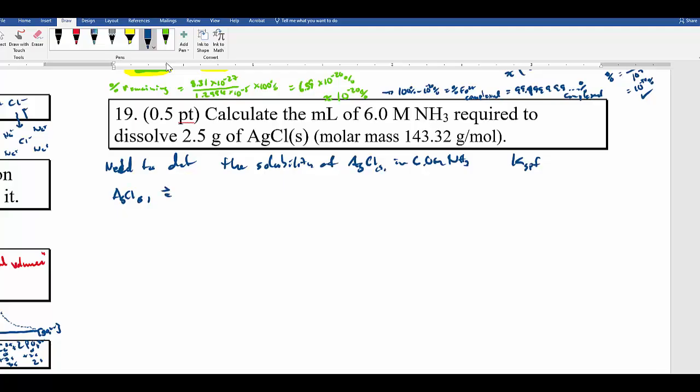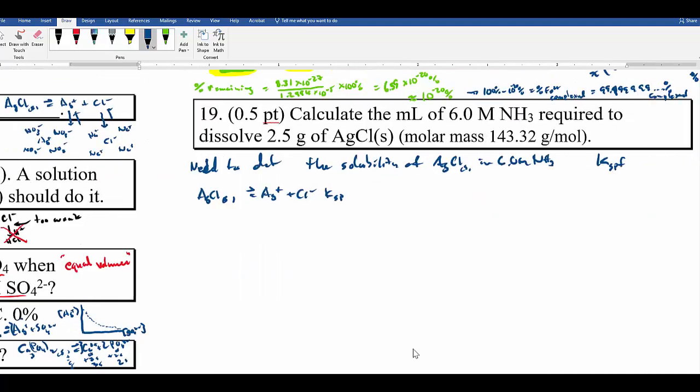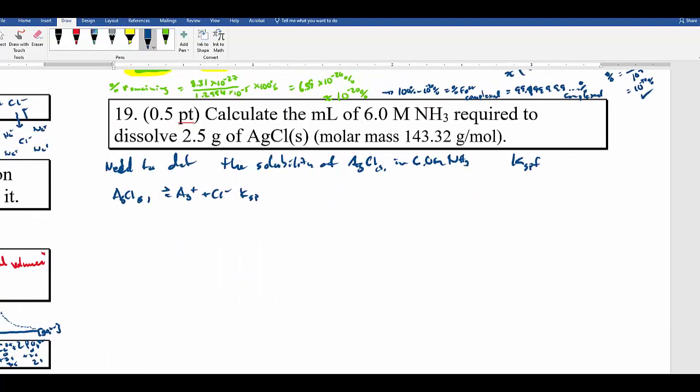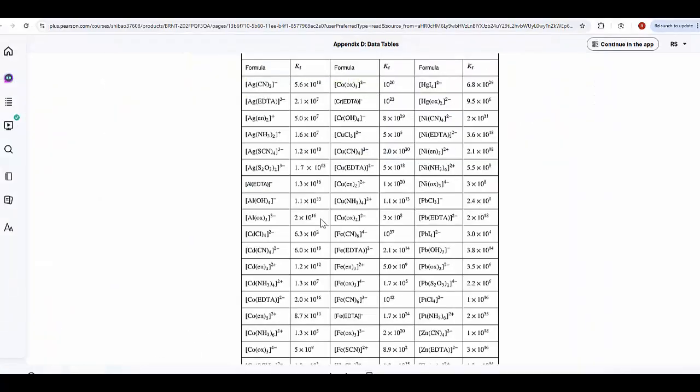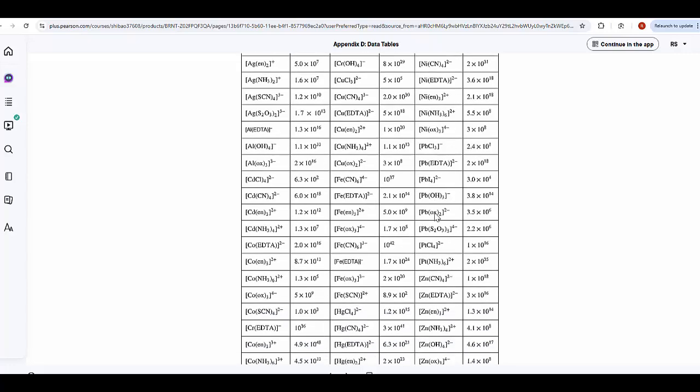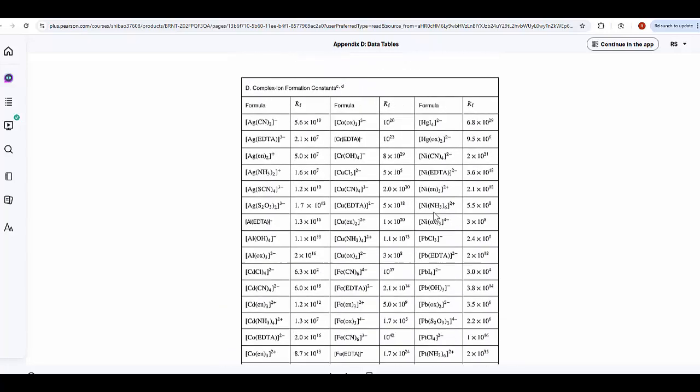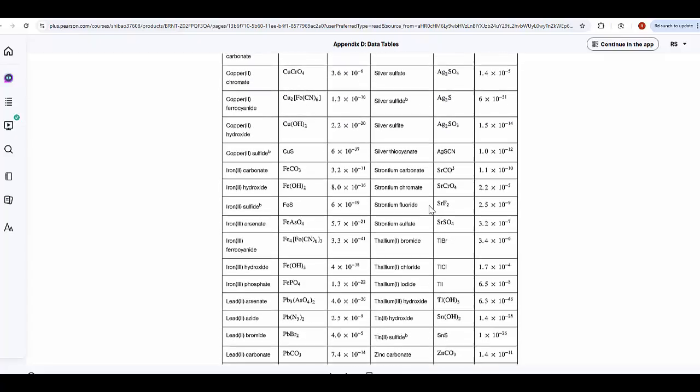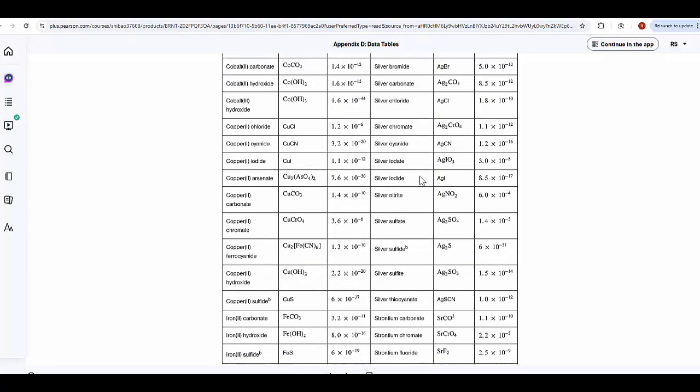So it's silver chloride going to silver ions and chlorides. This is we have KSP. The KSP for silver chloride, I think we used earlier, but I'll just look it up in our chart here. 1.8 times 10 to the minus 10.